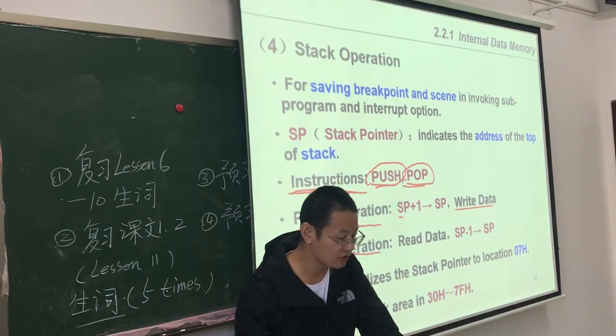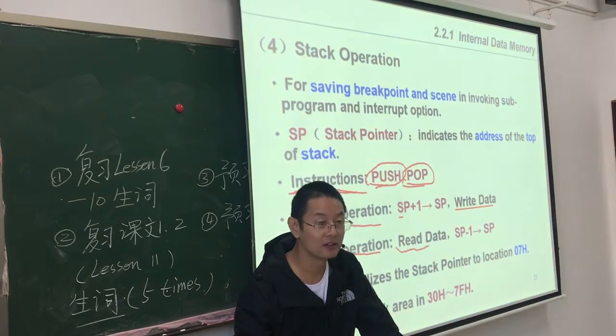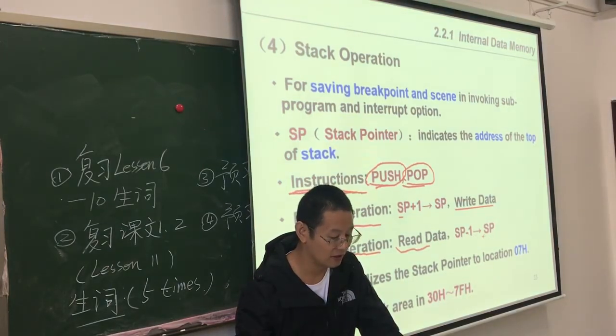Pop operation reads data and decrements SP: SP minus 1 put it to SP.